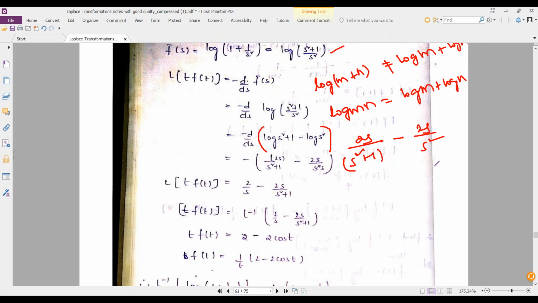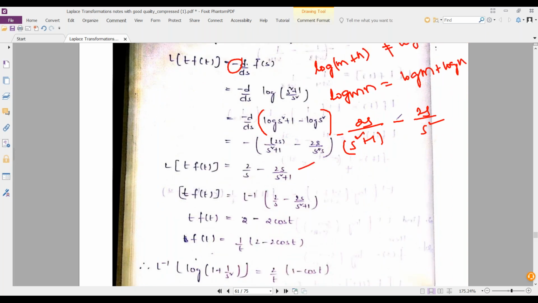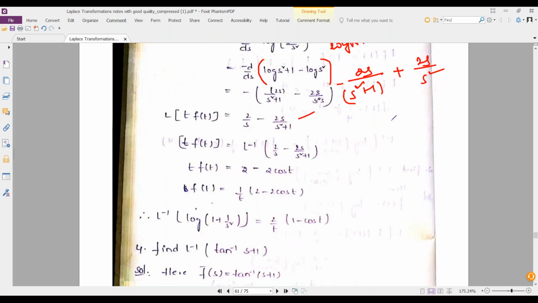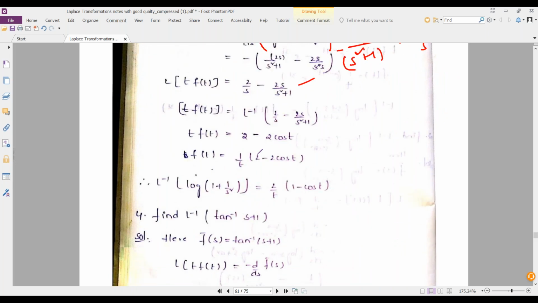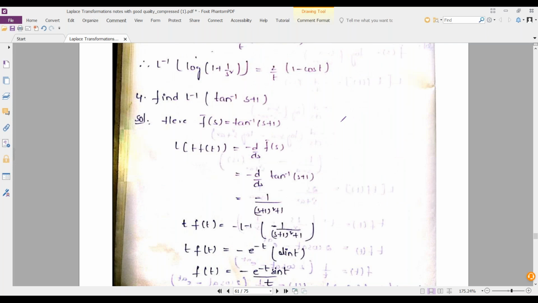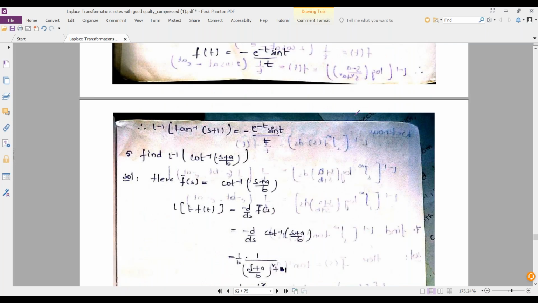Since there is a minus, these positions are interchanged, so this would be minus, this would be plus. So that's the reason: 2 by s minus 2s by (s square plus 1). Further simplification you can try, yes, this is 1.